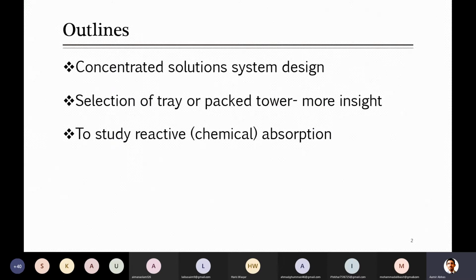In this lecture we will start with the concentrated solution system design. Again, if you recall, most of the time when we were deriving or considering the equations, there was one condition: that the system is dilute.